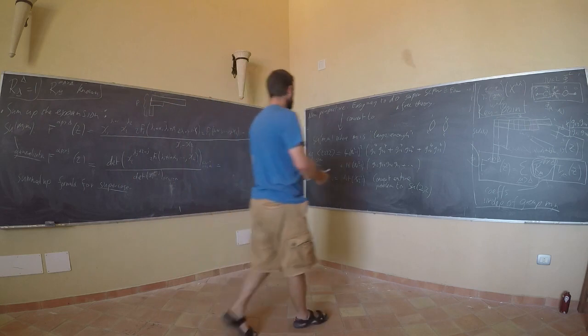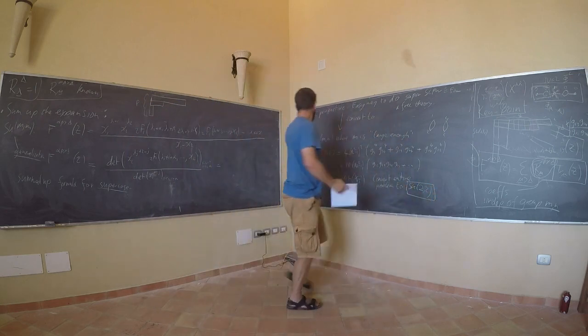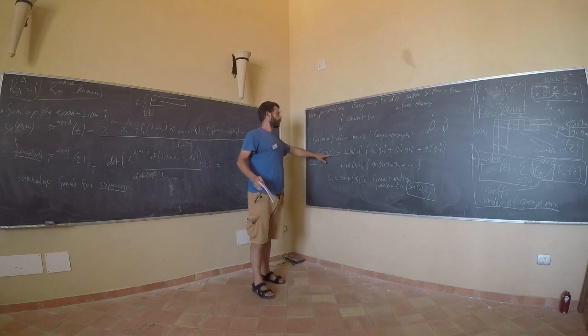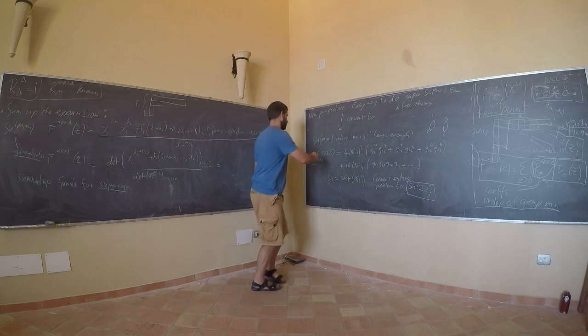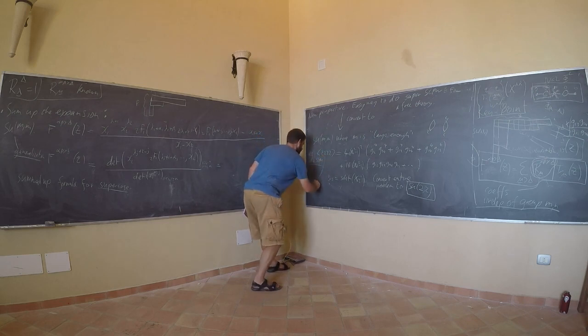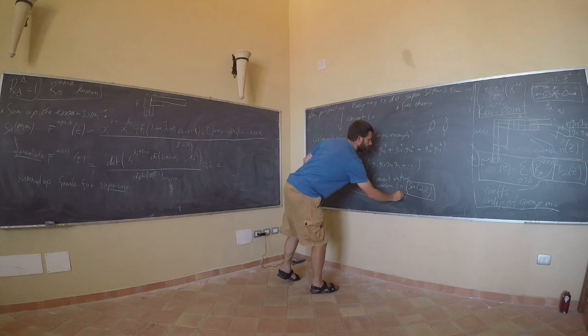Now, why is SU(2,2) enough? For this correlator, 2, 2, 2, 2, you only ever see Young tableaux of 2 rows. Therefore, that is enough.